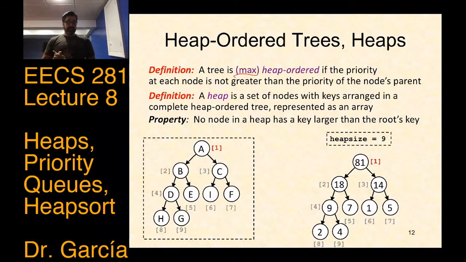And the heap property is basically that if I pick any node on this tree, none of its children or grandchildren, for that matter, so descendants throughout, are going to be higher than that. Their priority is not going to be higher than that current node. So if you pick 18, you'll see that all its descendants, so 9, 7, 2, and 4, are lower than 18, right? And that's effectively the heap property.